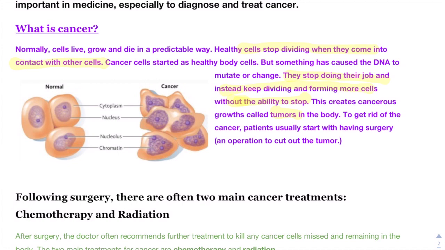So here in the picture we see some normal cells and how they have stopped dividing because they're all touching each other. Once they touch, they know, oh, we don't need to make more. We'll stop dividing and do our job in the body, which might be, if they're a lung cell, to get oxygen from the air into the blood, or whatever job they have. But on the right side, we see cancer cells keep dividing and dividing and dividing, and they create a lump.